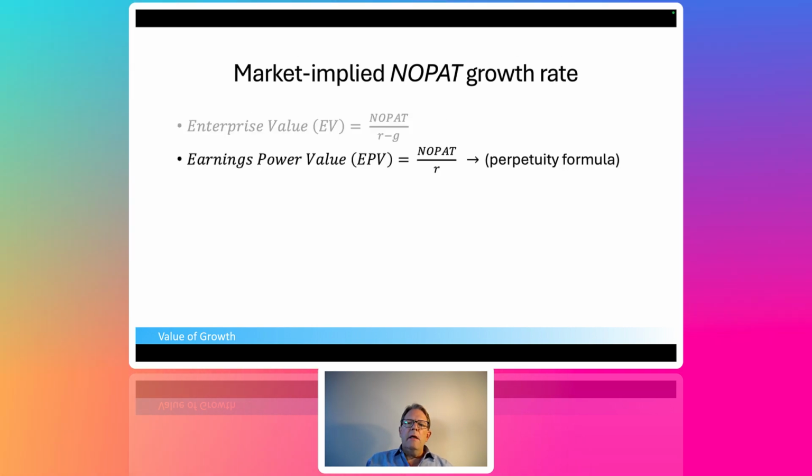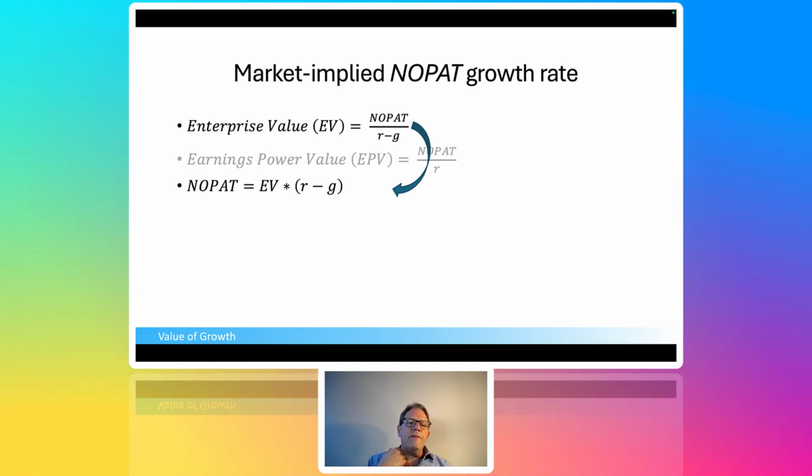All right, great. And we know that earnings power value, using the perpetuity valuation formula, is NOPAT divided by R. So we have two equations so far. Enterprise value equals NOPAT divided by R minus G, and earnings power value equals NOPAT divided by R. Now, if I take the first equation and just rearrange it, I get NOPAT equals EV times R minus G, just taking the R minus G and putting it on the other side of the equation.